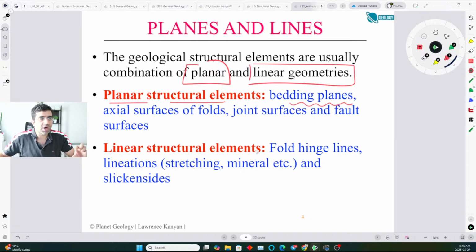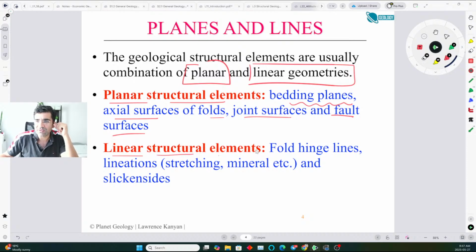A bed is not a planar feature. A bed is a three-dimensional feature, but a bedding plane, that is basically either the top or the base of the bed or the intersection between two beds, is what we call a planar structural element. Axial surfaces of folds, joint surfaces, fault surfaces, these are all examples of planar structural elements.